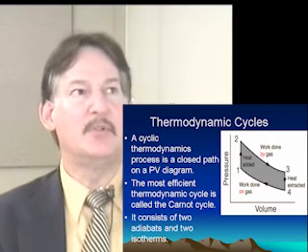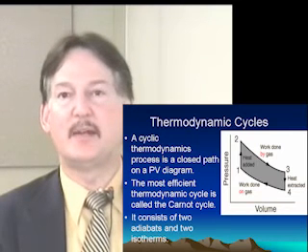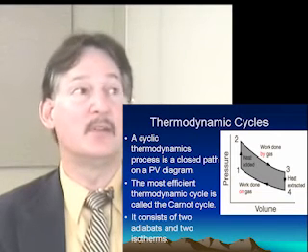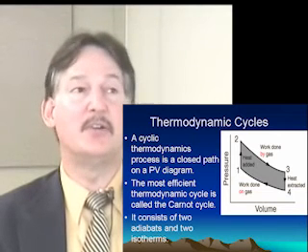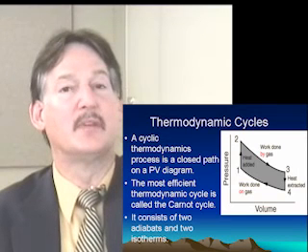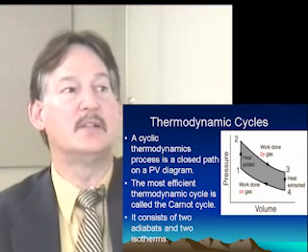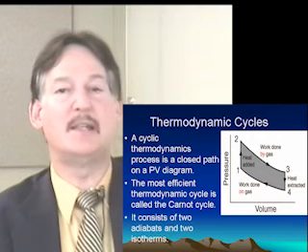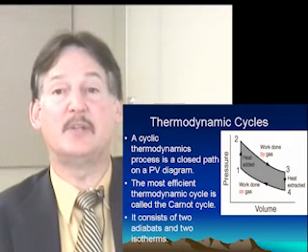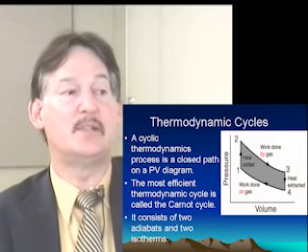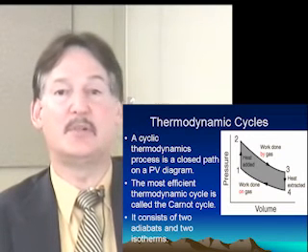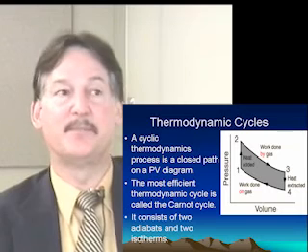It turns out that the most efficient engine that could be devised was devised by Sadi Carnot, and it bears the name of the Carnot Cycle. And the Carnot Cycle consists of 2 adiabats, 2 legs of the cycle that have no heat flow in or out, and then 2 isothermal legs, in which the temperature stays constant.